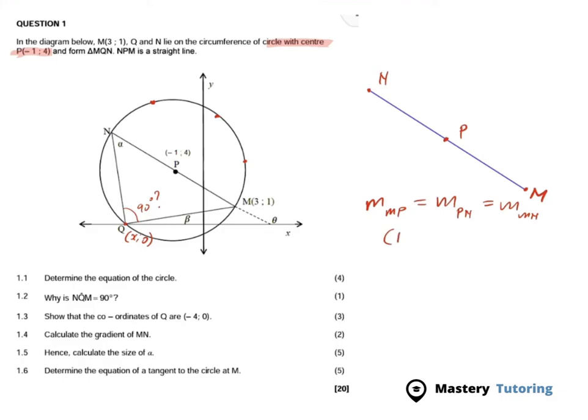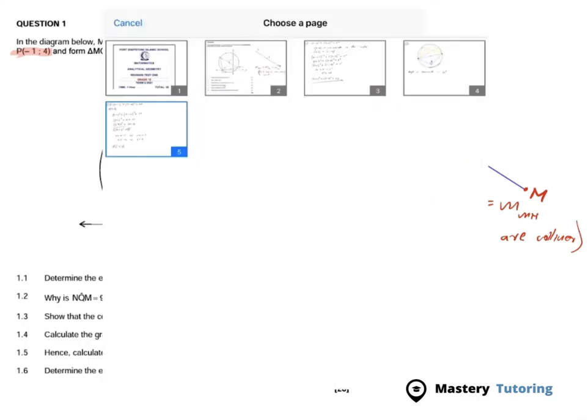This is because N, P, and M are collinear points. Therefore, to answer this question, we don't have to calculate the gradient of MN directly. If we can calculate the gradient of PM, we can say it's the same as the gradient of MN. All right, so now moving on to the section where we're going to solve this.